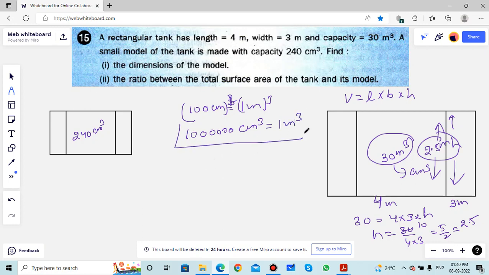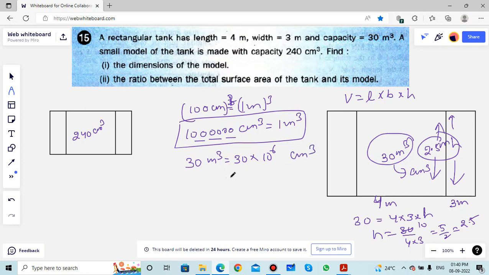So this is the relation that we have developed. So we have to multiply with this one, and that will get converted. So 30 meter cube will be equal to 30 into 10 to the power 6, and this will give you centimeter cube.